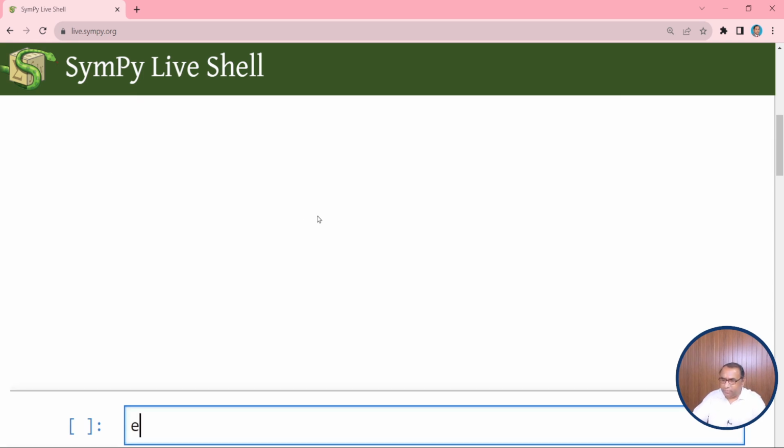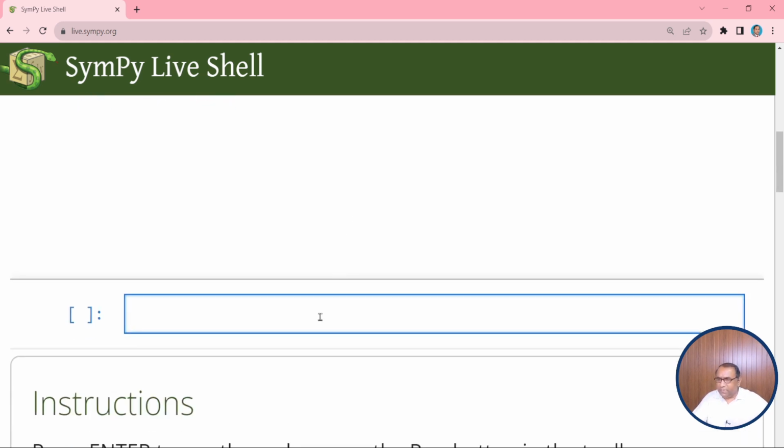We are choosing the expression is equal to exponential of minus x, and enter. Okay, then we have int is equal to integral.